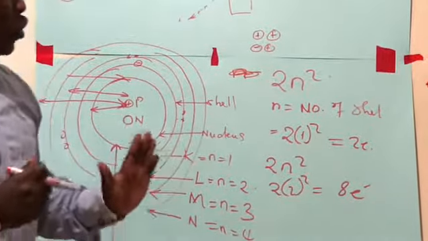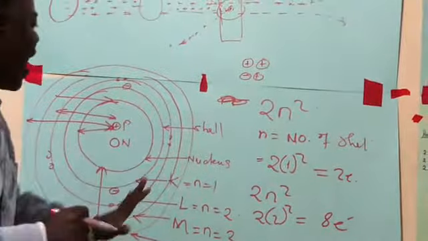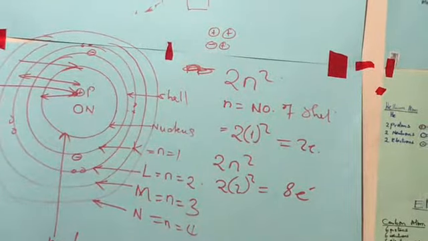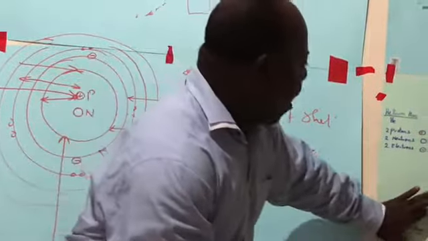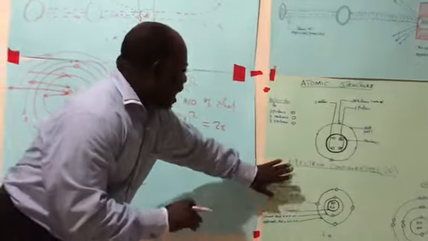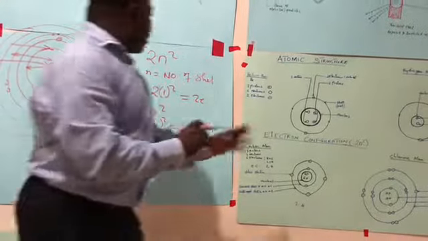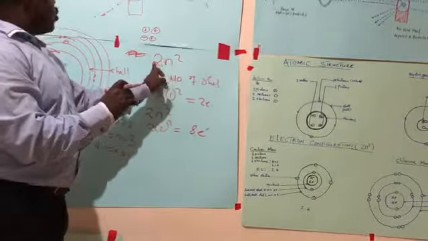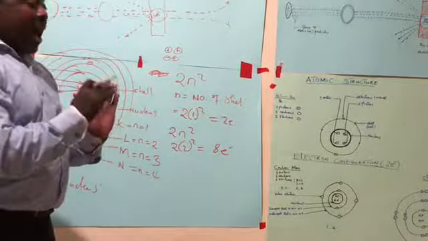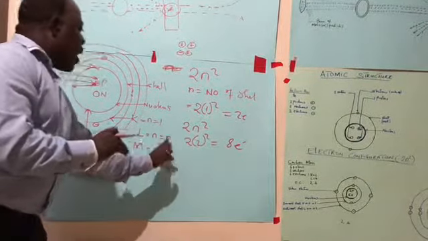Therefore, we come to what we call electronic configuration. These electrons have a pattern in which they are arranged, which is how Rutherford came to this. These electrons are arranged according to their shells, using 2n squared.